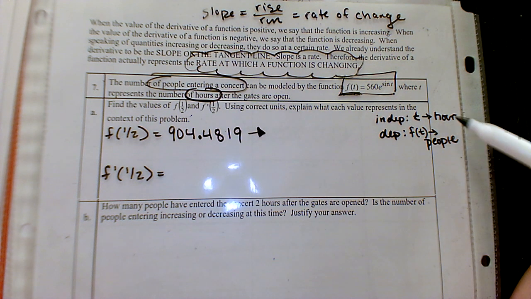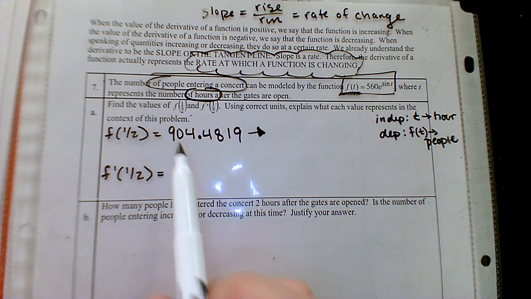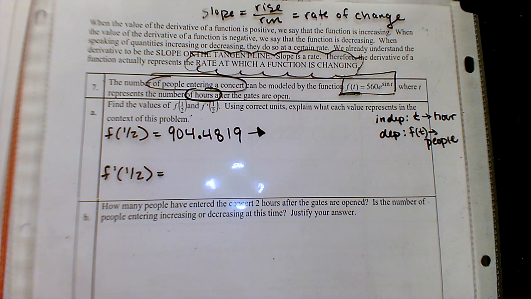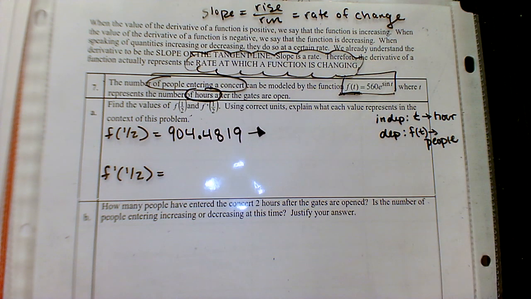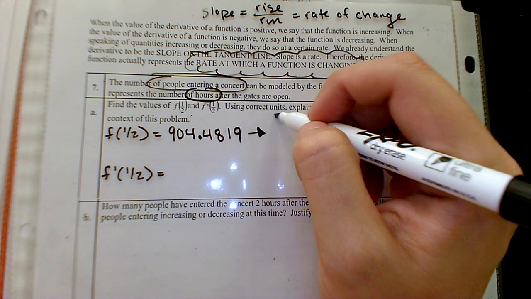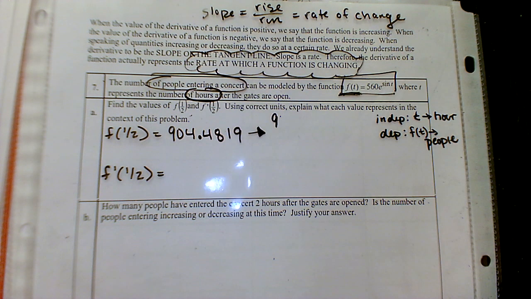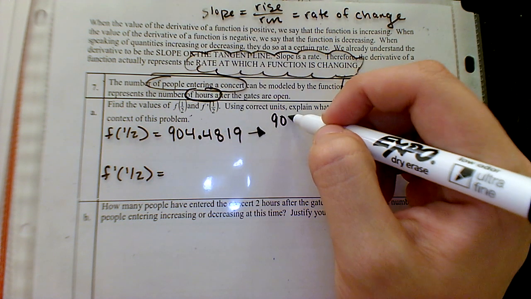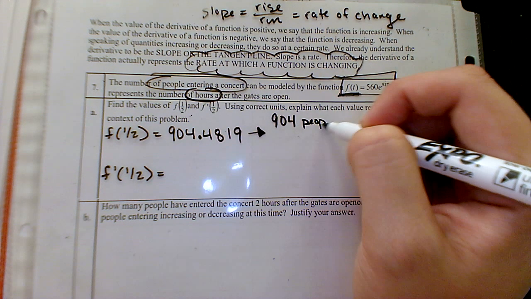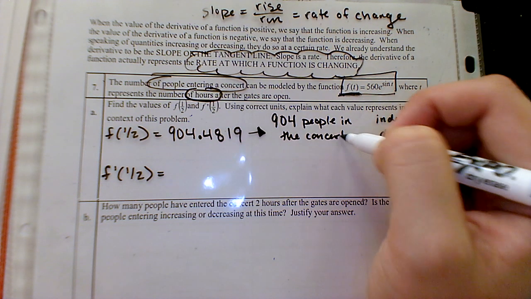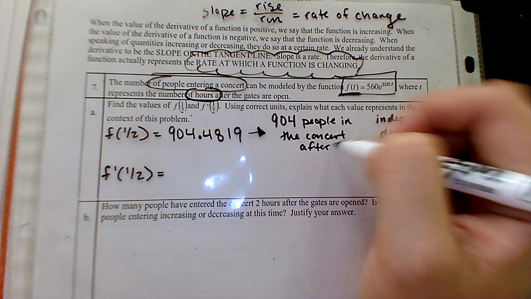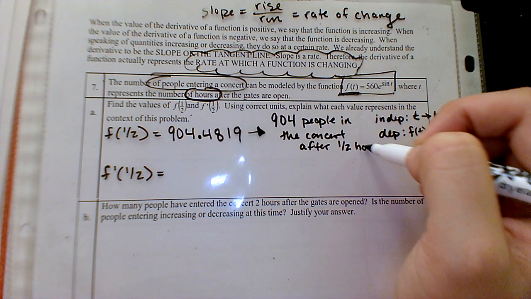So maybe after we labeled what the variables represent, that might help us out. What does this 904 represent? What do you think, Austin? That's how many people were in the concert in a half hour. Okay, so we'll just round it because you can't have 0.4819 people. So we'll say 904 people in the concert after a half hour.